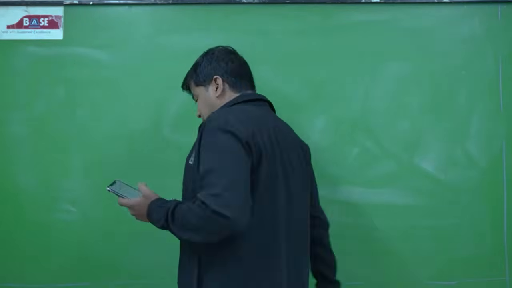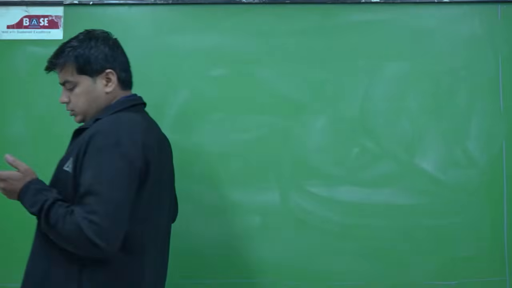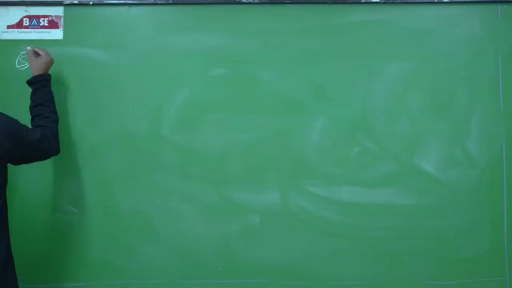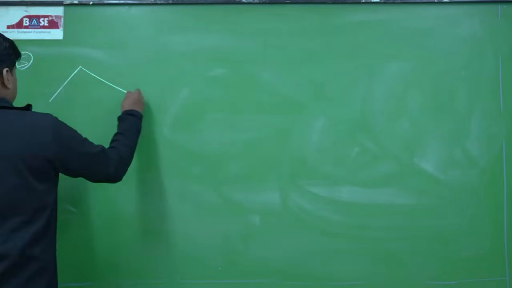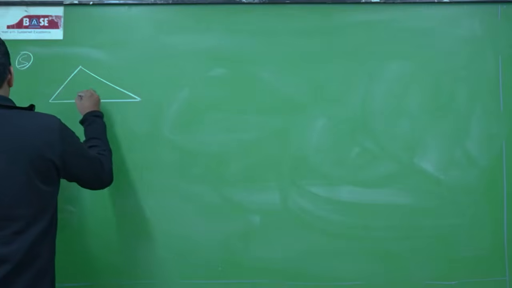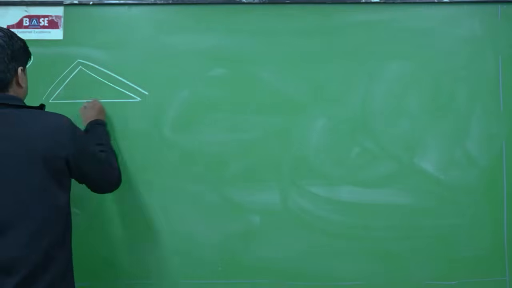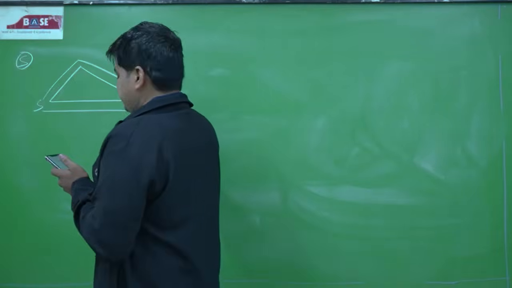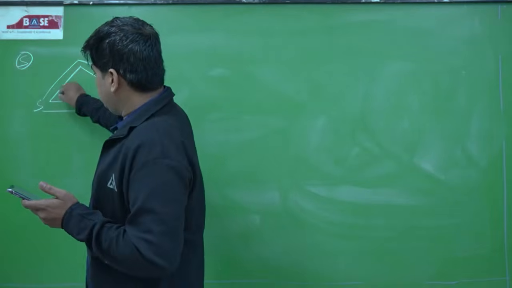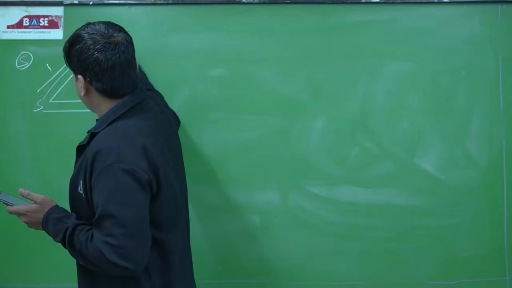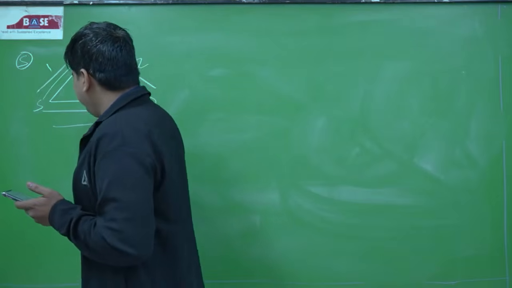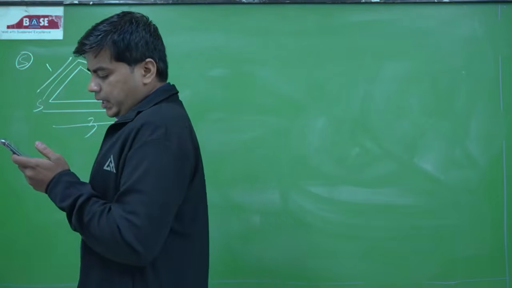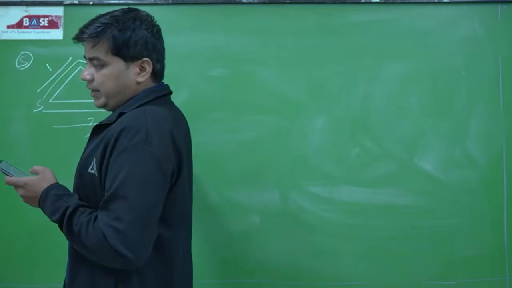So similarly, if we have to do for S, okay, so source is here, detector is here, so path difference becomes path number 1 plus path number 2 minus path number 3, and using component values we can find out the result.